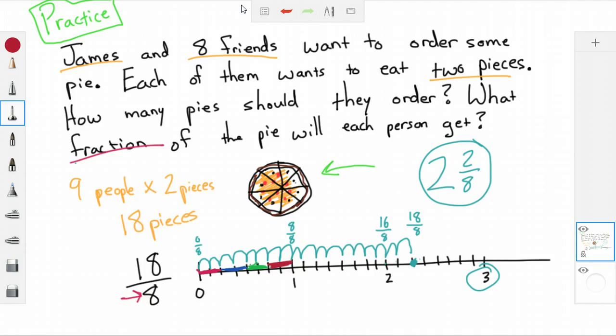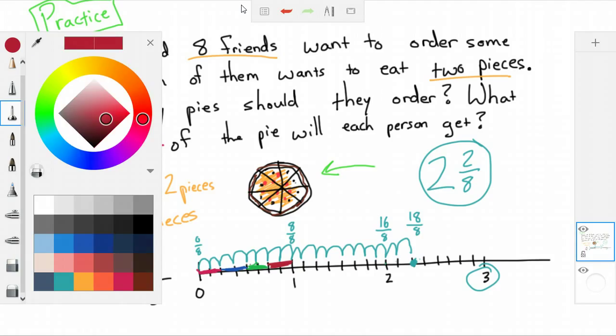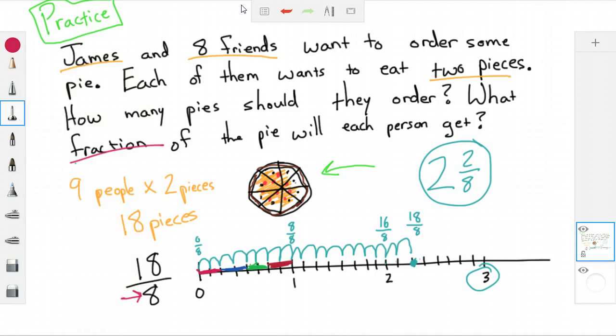So, how much is that? Well, let's look at it carefully. How much is this first person going to get? Well, they're going to get 2/8. And then this person's going to get 2/8. And then this person's going to get 2/8. So each person is getting 2/8 of a pie.